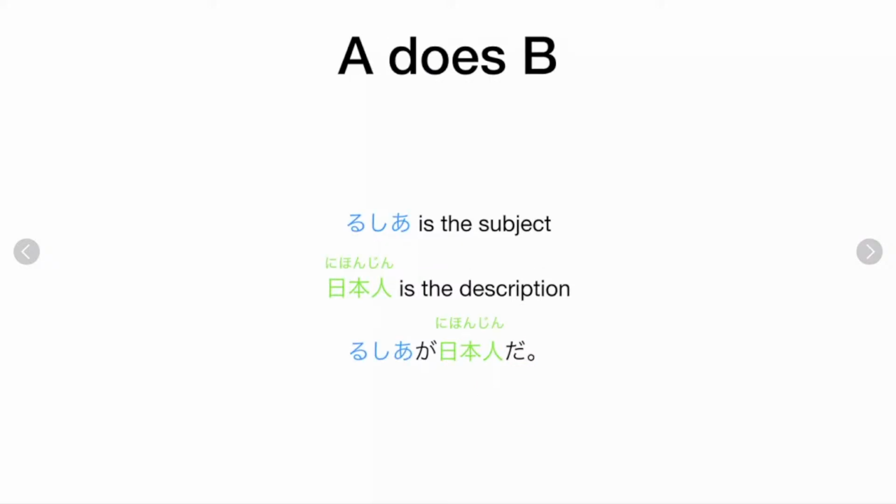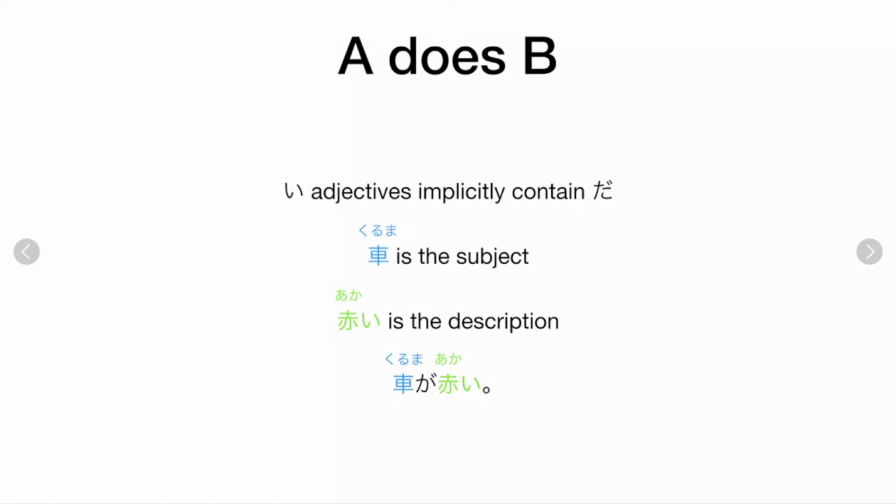So an example of an A is B sentence, Rushia ga Nihonjin da. So Rushia is a person, Nihonjin is Japanese person, and so Rushia ga Nihonjin da is Rushia is a Japanese person. I adjectives are a special case of being a description that does not require da at the end of the sentence.